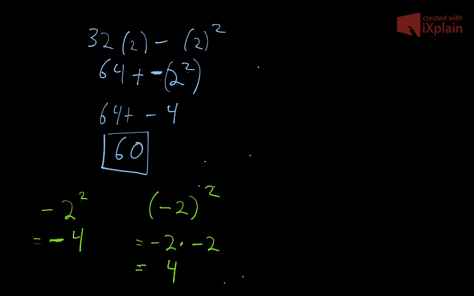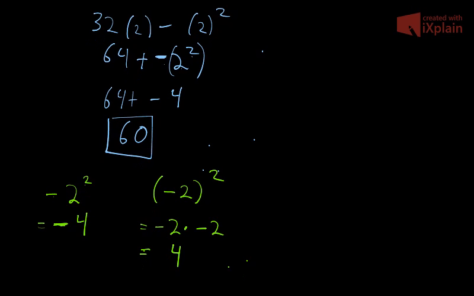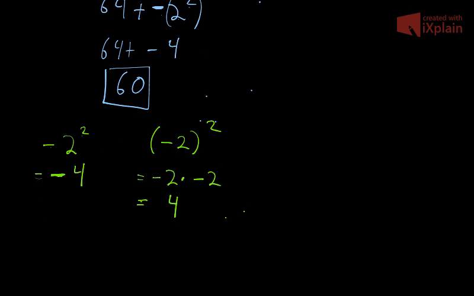So negative 2 squared is negative 4, but negative 2 in parentheses squared is positive 4. That's kind of strange and pedantic, but I'm really hoping we get it this year, because last year we had a little bit of problems with that. So make sure you look at this. This is the hardest part. And if you get that, we are good to go.